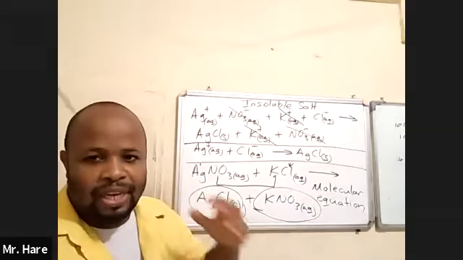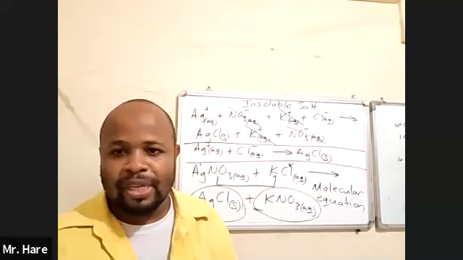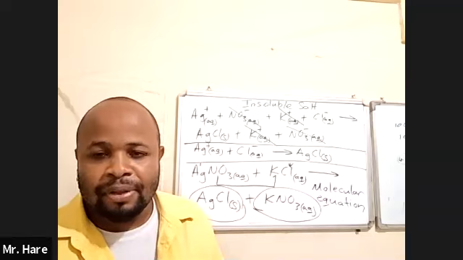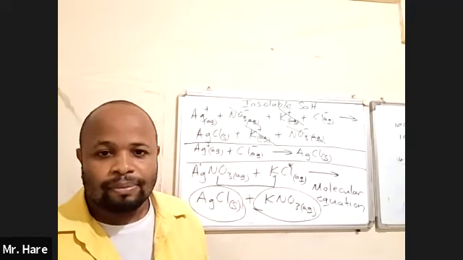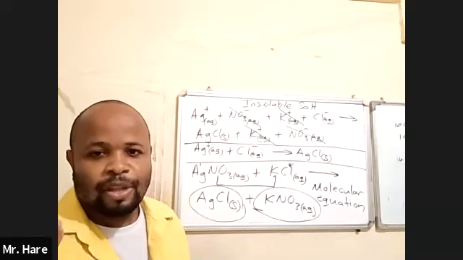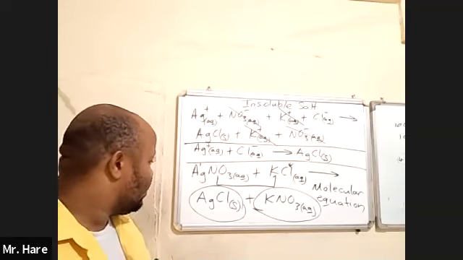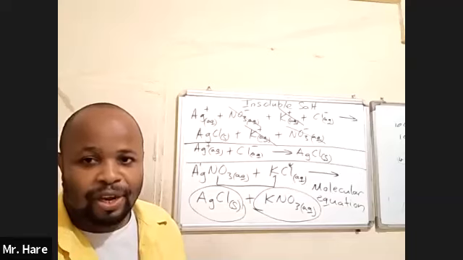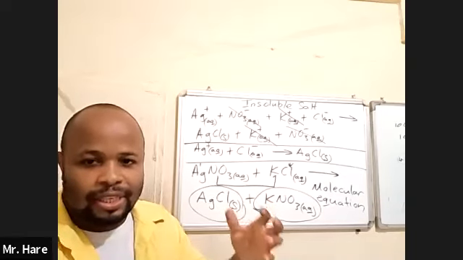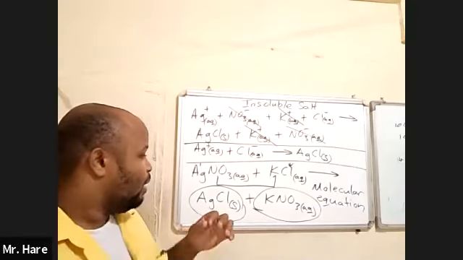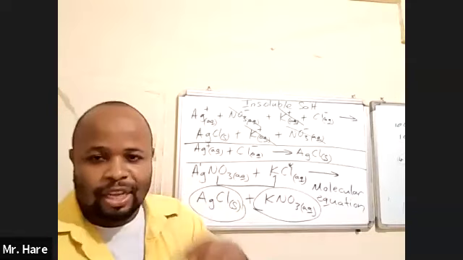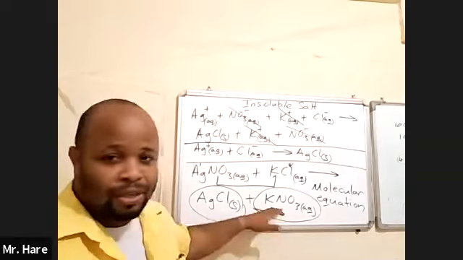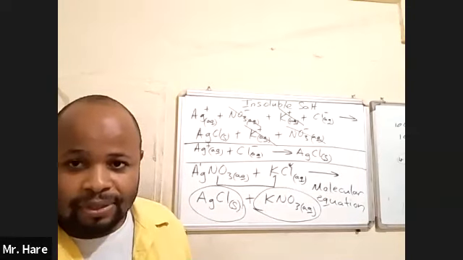So if you have an insoluble substance, like a mixture of sand and salt, how do you separate it? Filtration, right. So once you have an insoluble substance and you want to separate it from the solution, it's filtration.